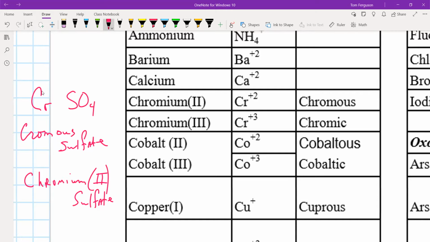Okay, does that make sense? Any questions about that? Yeah. I know some elements go up to like +4. So where does that fit, low to high? That's a good question.